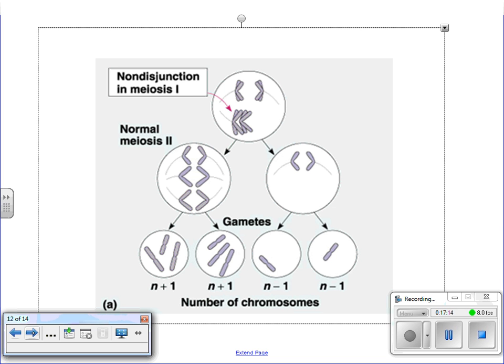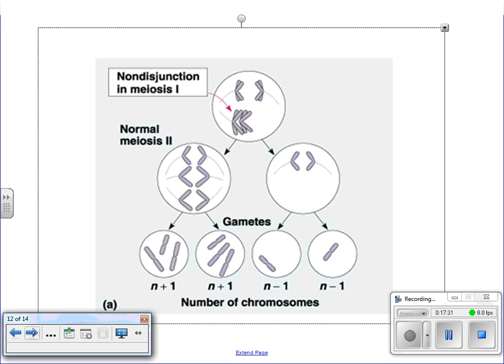Nondisjunction is really a process where microtubules later in life, after fertilization, don't work properly, so they end up not splitting up the chromosomes properly during either meiosis 1 or meiosis 2.